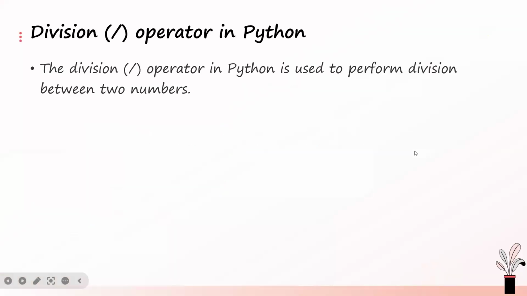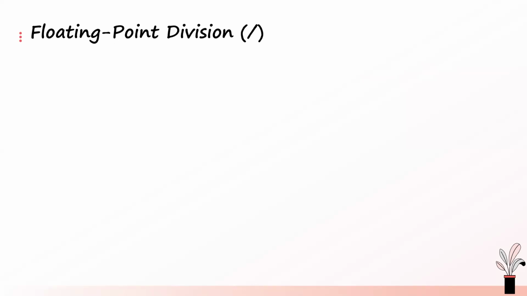So the division operator is used to perform division between two numbers. But when it comes to the division operator in Python, it behaves somehow differently, so we are going to understand how it behaves. The normal way you do 2 divided by 1 or 10 divided by 5 has a little difference when it comes to Python.